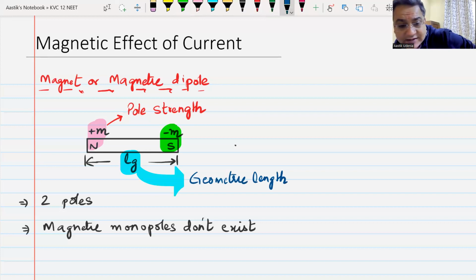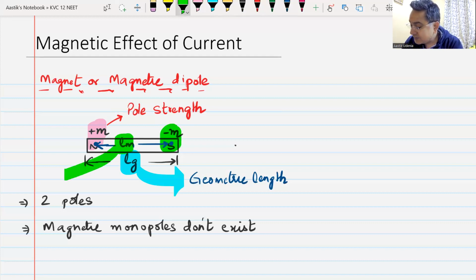But you must understand that the poles of the magnet are not exactly at their ends. The poles of the magnet are somewhere a bit inside the magnet. The distance between the two poles is known as Lm, and we call this Lm the magnetic length of the magnet.